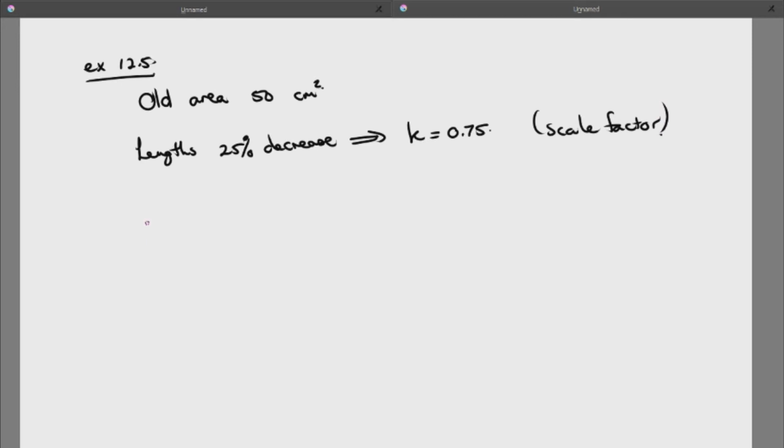Then what we do next, the new area. New area is then K squared times old area. There's no need to call it the area factor, though you could if you needed to. That's 0.75 squared times 50 square centimeters, and I get what I get.